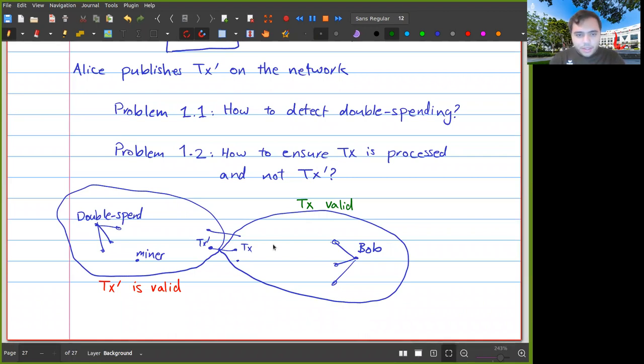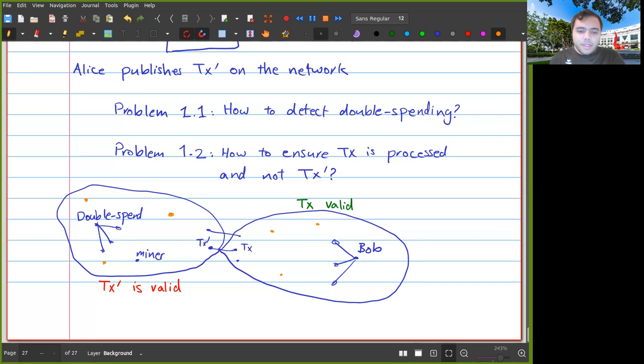And of course, as I said, the easy solution to this for Bob is to just deploy a lot of different nodes at different parts of the network. So if Bob has a node here, one here, and so on, then it is very likely that Bob will hear about the other transaction that is doing the double spending.